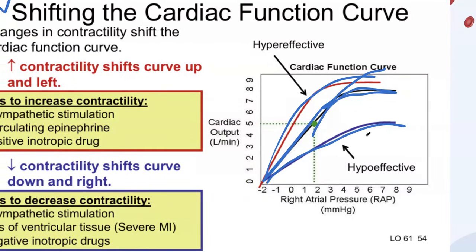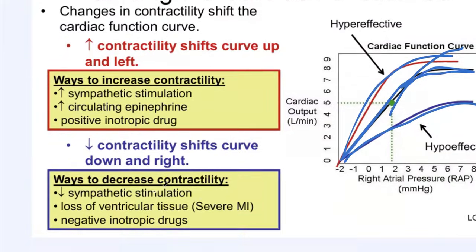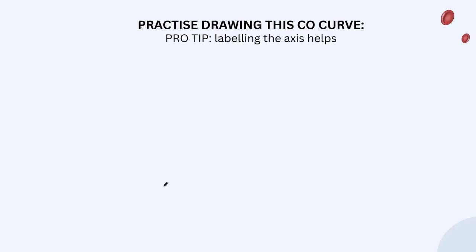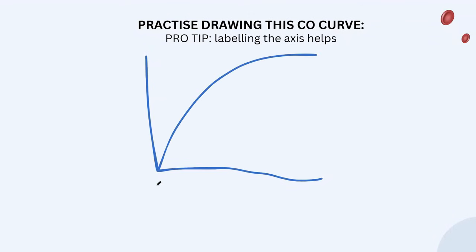Just remember this, and you can learn. Just read this. Okay? Next, you're going to practice. If you want to practice, it's going to be good for you. So just remember the general shape, okay? It's going to go like this. In hypoeffective, it's going to be lower, and in hypereffective, it's going to be higher.